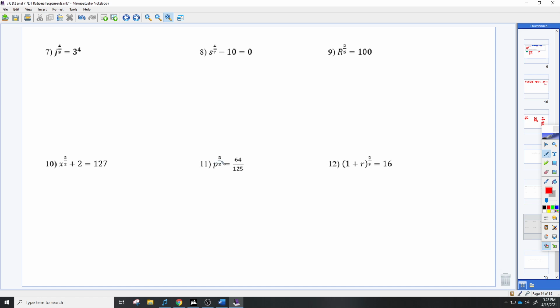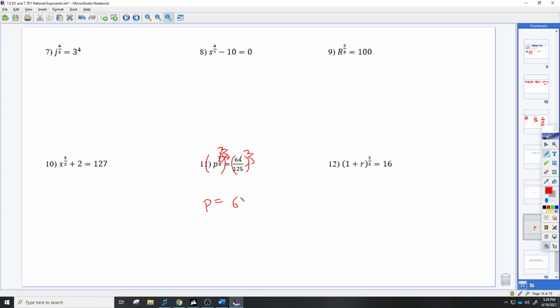All right, if we have p to the 3/2, I'm going to flip the fraction to 2/3, do it to both things. And then again, these cancel out, just like you'd expect. But now we have a fraction raised to another fraction exponent. The way you do this is you're going to give the 2/3 to both things in here, the 64 and the 125.